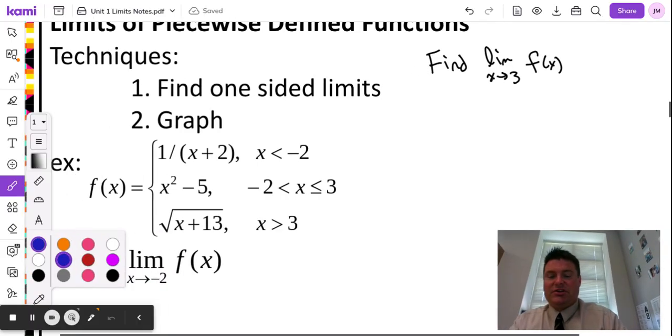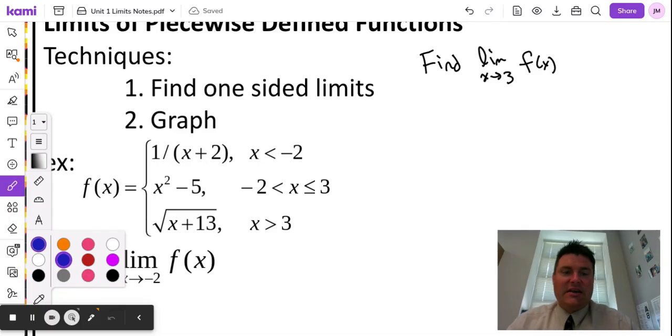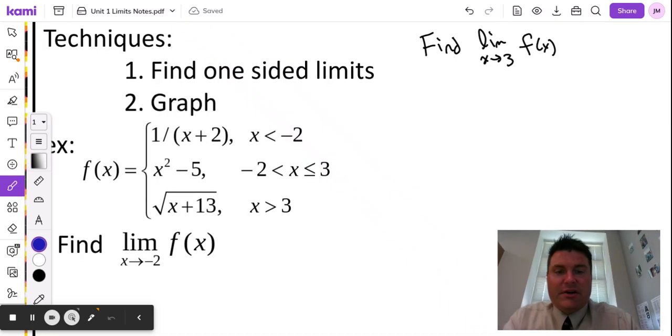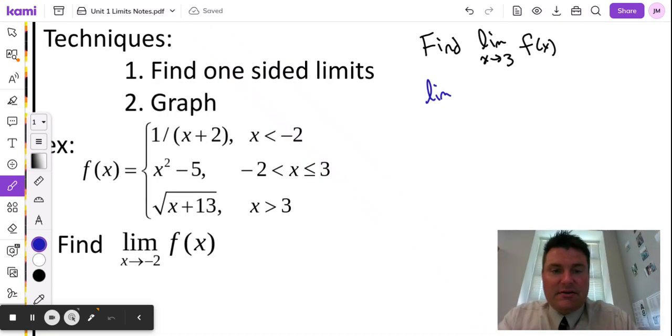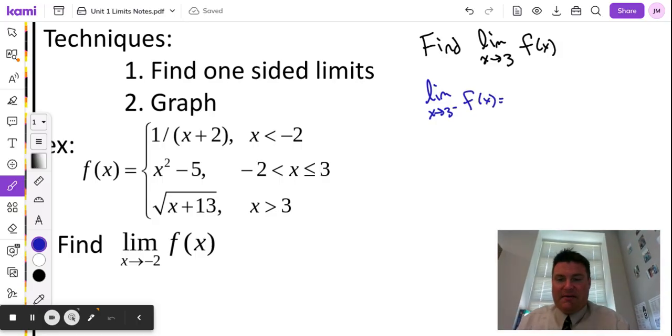So for piecewise functions, I want to look at each piece that is adjacent to 3. I want to look at the left side of 3, the right side of 3. And if they match up, that's my limit. If they don't match up, we have DNE. So for this one right here, as we approach 3, I want to look at 3 to the left. Now, of this piecewise function, you have to think about which piece is 3 to the left.